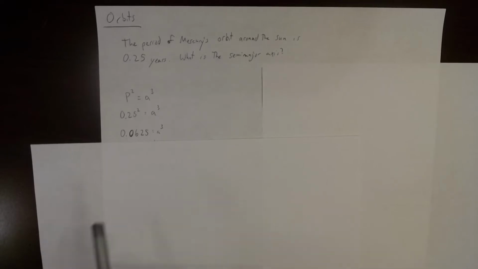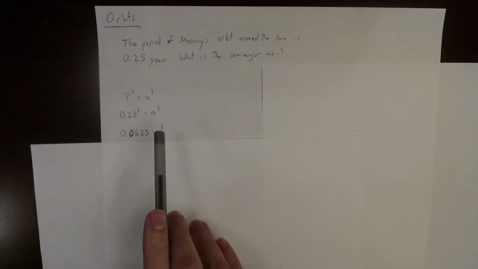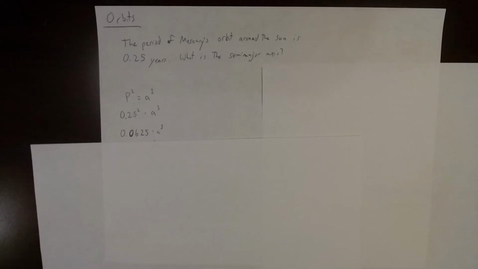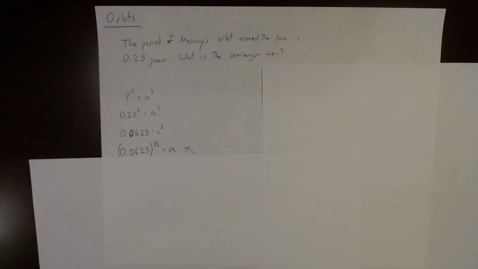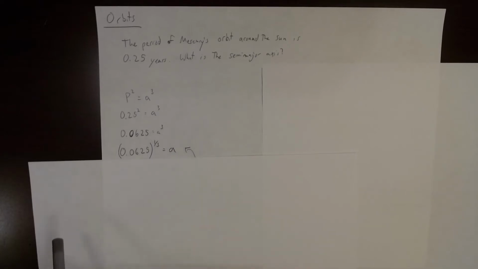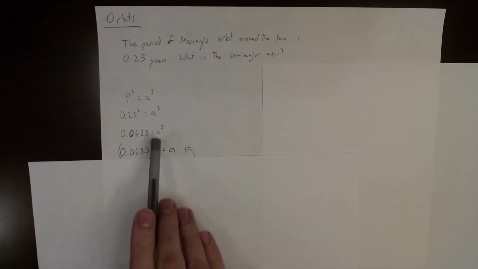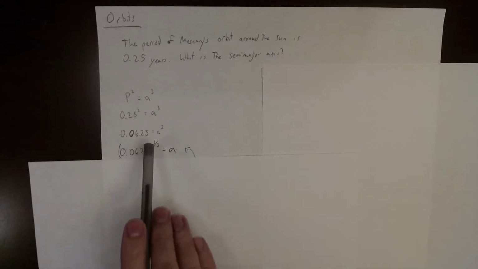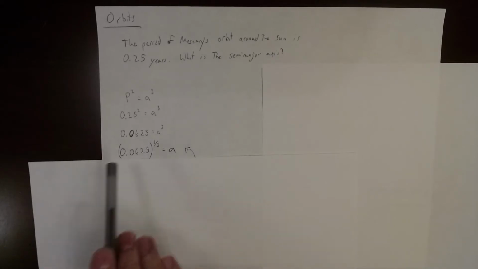Now, a lot of people are going to struggle a little bit getting from this step to the next step. So think about what you do to get to the next step here. Okay. If you've got something that you need to solve for that's being raised to a power, so a cubed, you need to take the cube root of both sides.